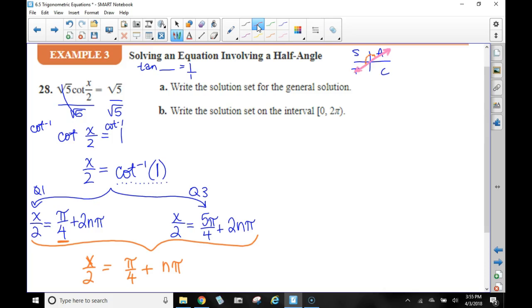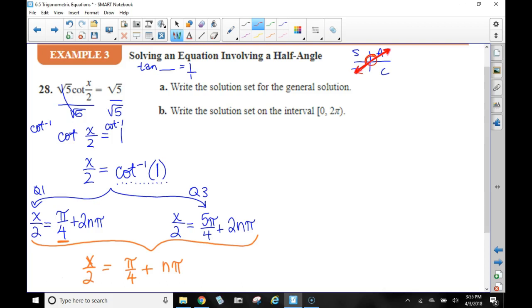Pi over 4 plus 2 pi will get us back up here. Pi over 4 plus 3 pi will get us back down here in quadrant 3. So do you see why this pi over 4 plus nπ will work for tangent and cotangent?